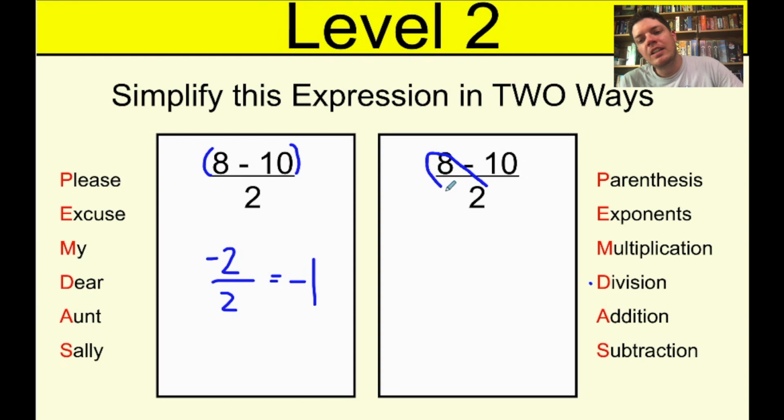I think a lot of teachers will often draw these heart-shaped things, and I'm going to try to get the negative in there. A lot of times you'll see a picture like this, only prettier. And that means that both of these terms, the 8 and the negative 10, need to be divided by 2. So we're going to do that one at a time. 8 divided by 2 is 4.